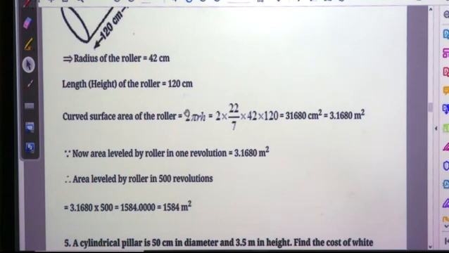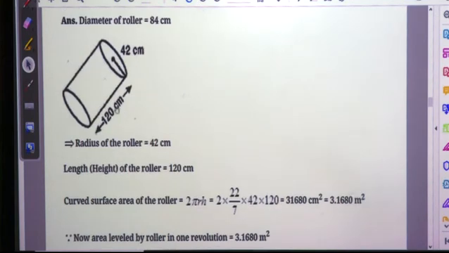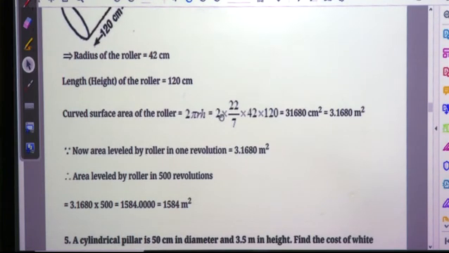Curved surface area of the roller is equal to 2 pi r h. Now, what exactly is this? When the roller moves once completely, it covers the curved surface area of the roller. 2 into 22 upon 7 into 42 into 120.